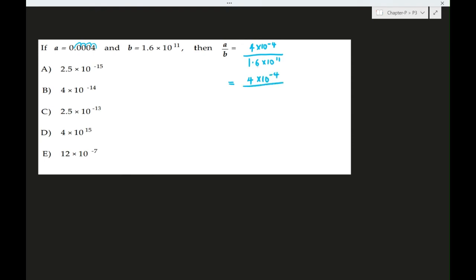This is 1.6, right? You can write it as 16 times 10 raised to the power minus 1. It means you move the point from left to right, so you go forward. So the power becomes minus, then times 10 raised to the power 11.